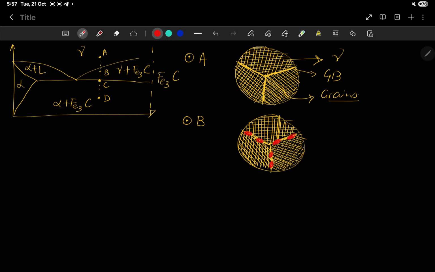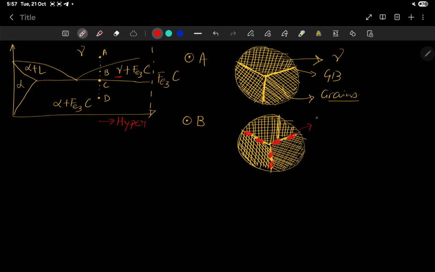We are discussing this for hypereutectoid steel. Here gamma is present in the whole domain as a matrix, and Fe3C will start nucleating at the grain boundary.